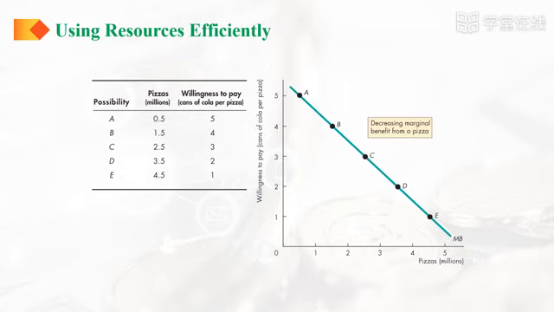In row A, with 0.5 million pizzas available, people are willing to pay 5 cans of cola per pizza. As the quantity of pizza increases, the amount that people are willing to pay for a pizza falls. With 4.5 million pizzas available, people are willing to pay only 1 can of cola per pizza.